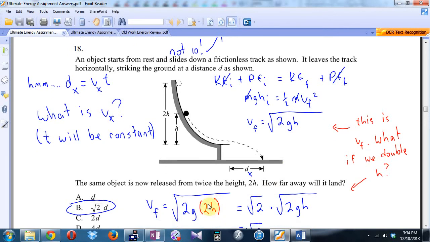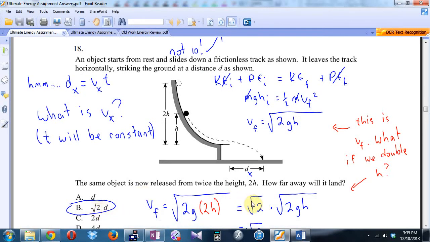And I said, really, what that means is, if you look at my original v final, what's inside the square root? A 2, a g, an h. If I double the height, do I still have a 2 there? Do I still have a g there? Do I still have an h? You know what? I have an extra root 2 kicking around. So I already kind of started to lean towards this one, just because of that.